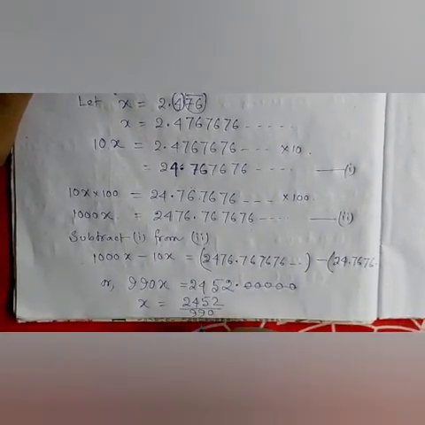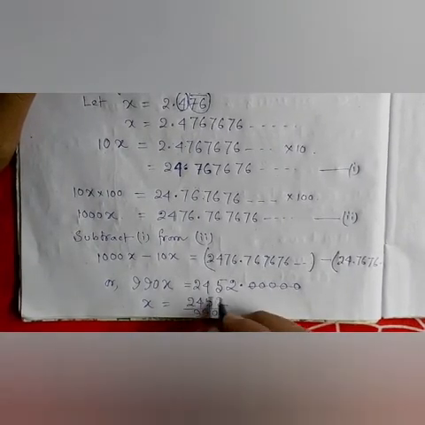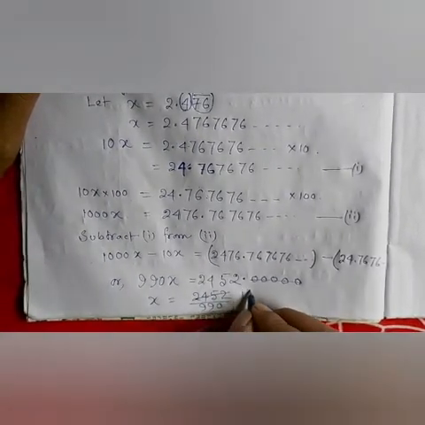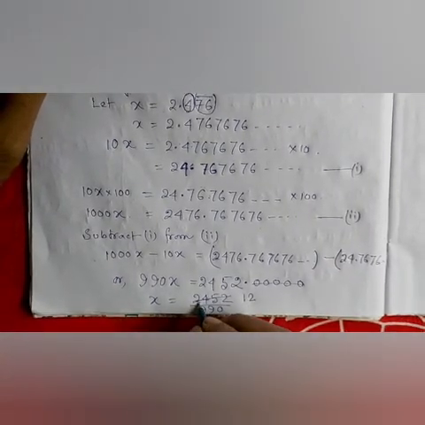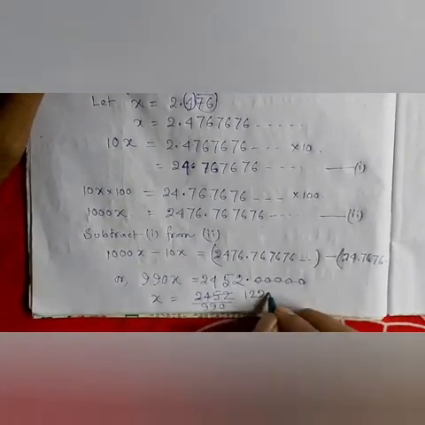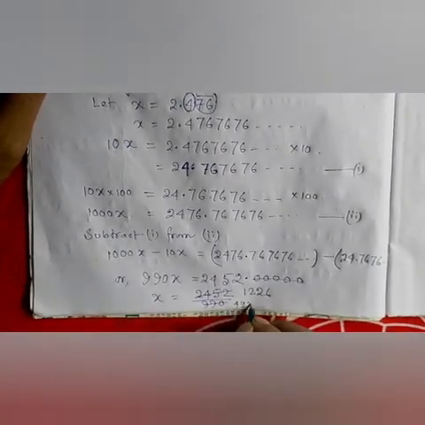You can simplify this, or you can leave it here. Simplification is better. If you divide by 2, then this is 1226 divided by 495.